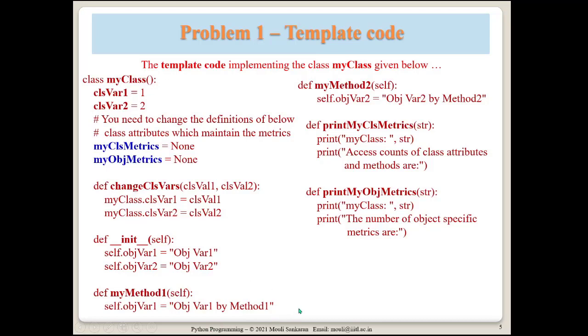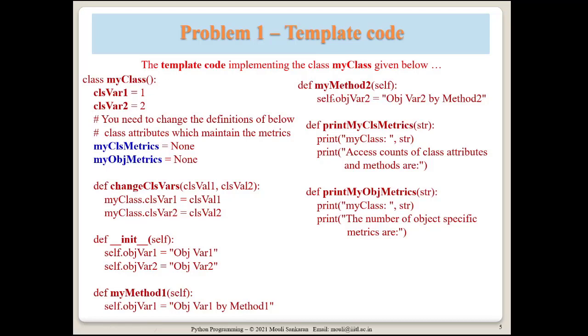Somewhere you have to instrument your code. I have my method 1 which is accessing only object variable 1, and my method 2 is accessing only object variable 2. So I want you to add some code here to maintain metrics about this object. Please remember, for this object this method was called 2 times or 3 times.